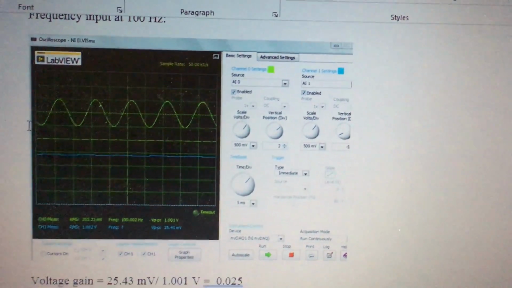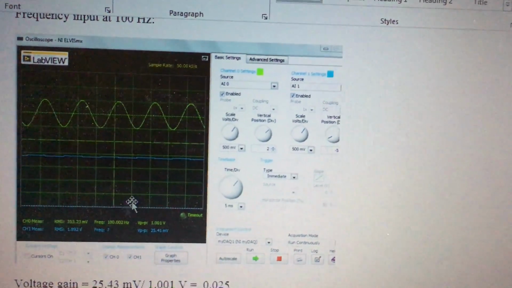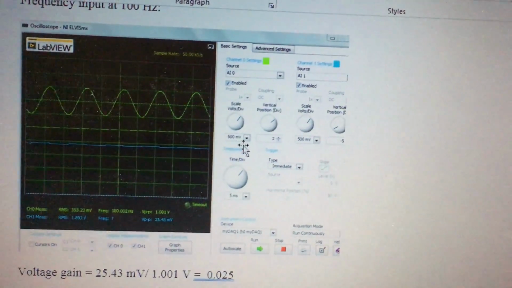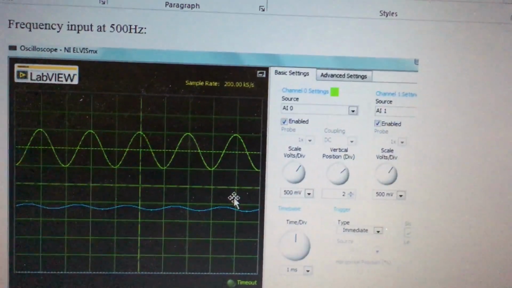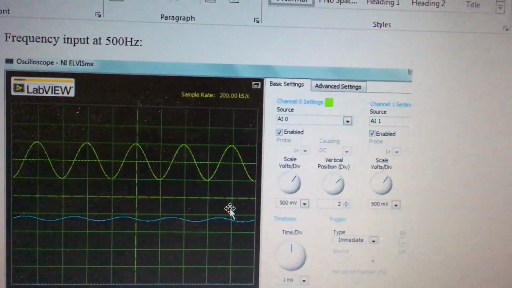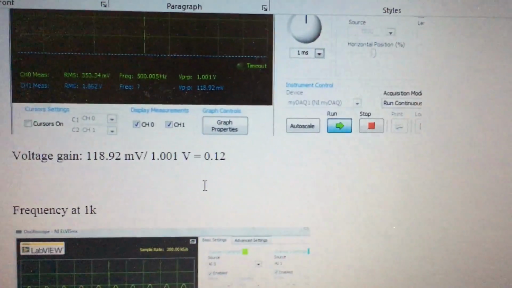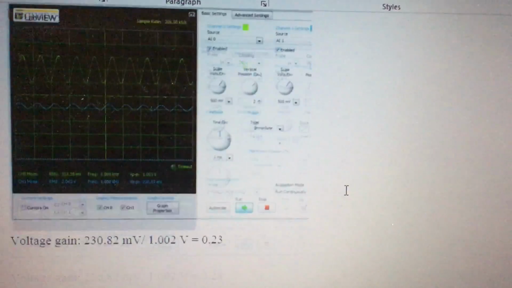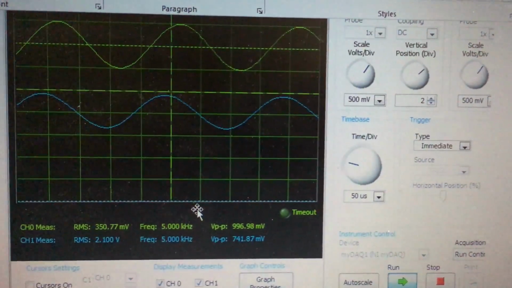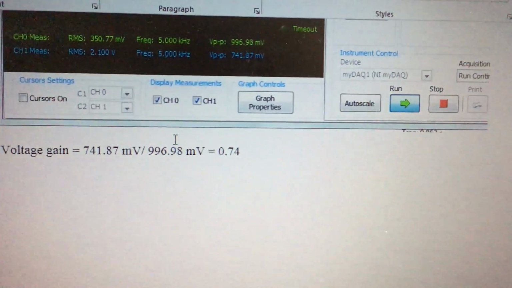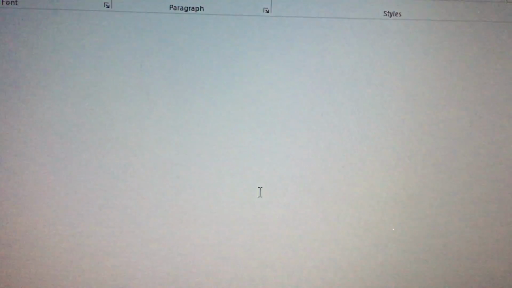Here at 100 hertz, the input is at 1 volt, but there's barely any signal visible. There's a 0.025 voltage gain, so it's way less. At 500 hertz, the voltage gain is 0.12, still low. 1 kilohertz is just 0.23. 5 kilohertz is much more now, a voltage gain of 0.74.